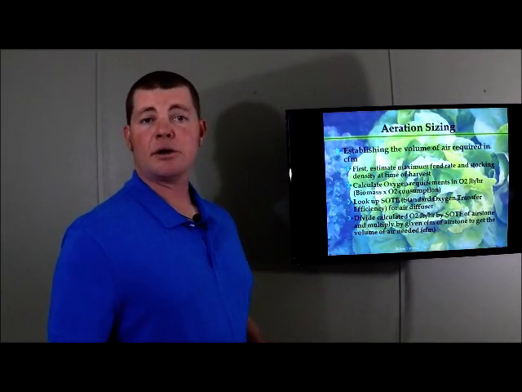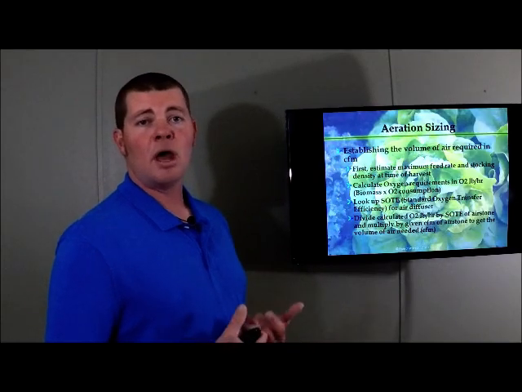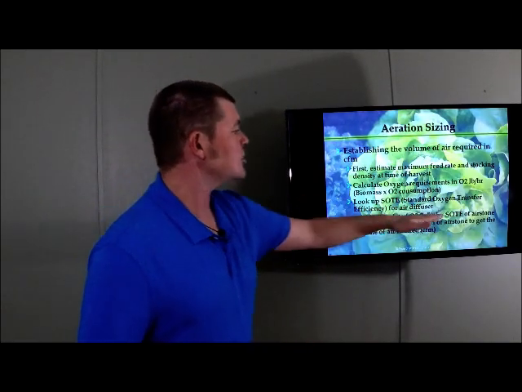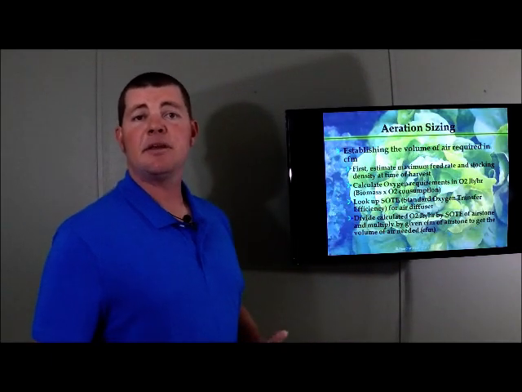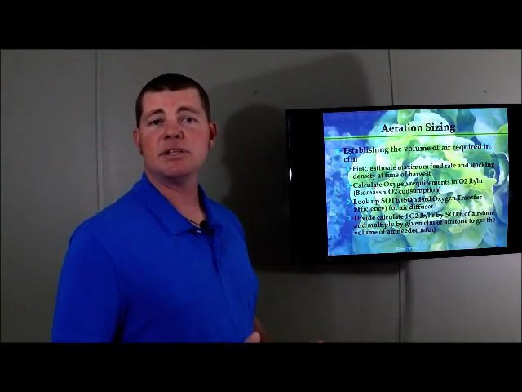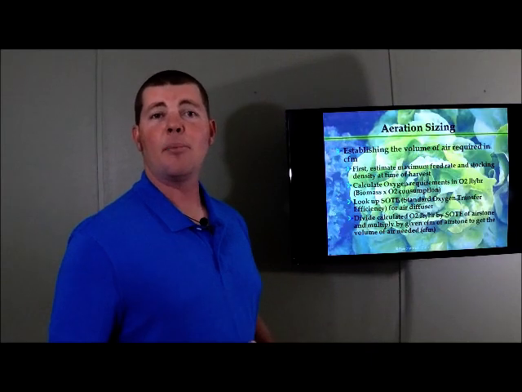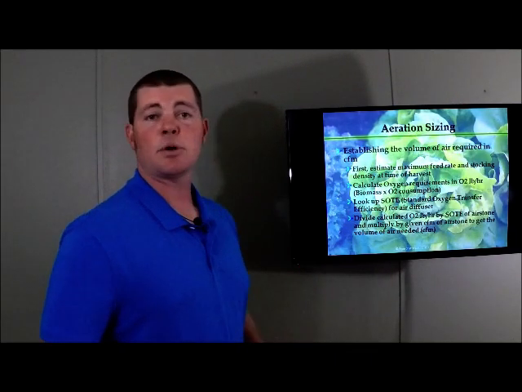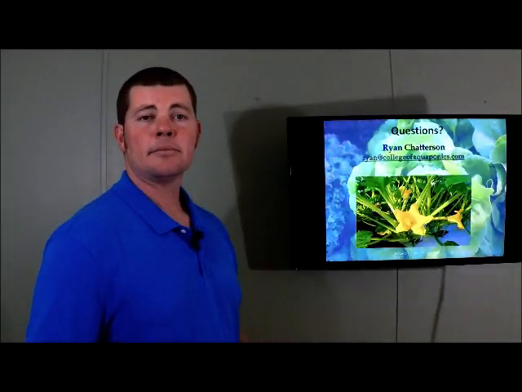Now, not all air stones are created equal, so if you have a cheaper, less uniform bubble, you're going to get a much lower SOTE than if you have a higher quality air stone that's delivering a uniform bubble throughout the surface of the stone. So this is really one of the cases where you get what you pay for.